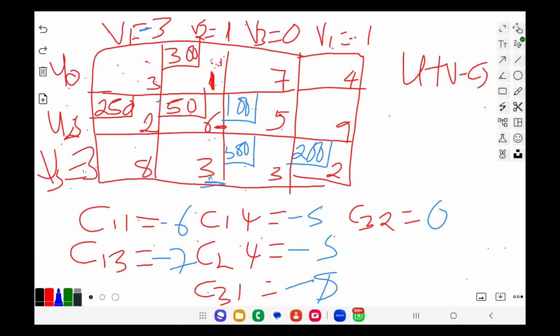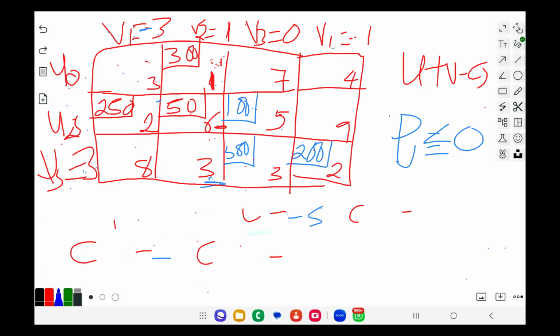This one has met all the conditions. You've seen the Pij is now less than or equal to 0. As long as there is no positive number, it means you have reached the equilibrium, the feasible solution, so we can stop at this point. This is how you test.